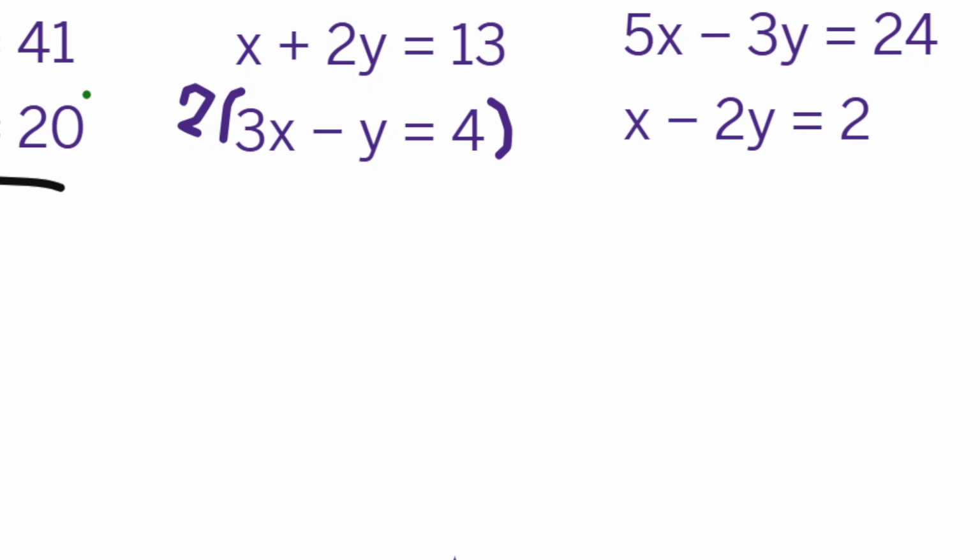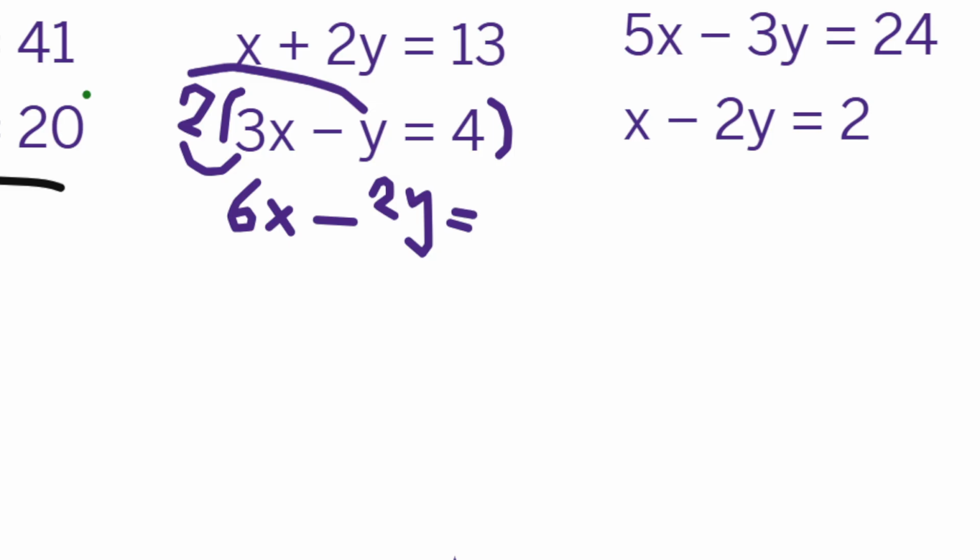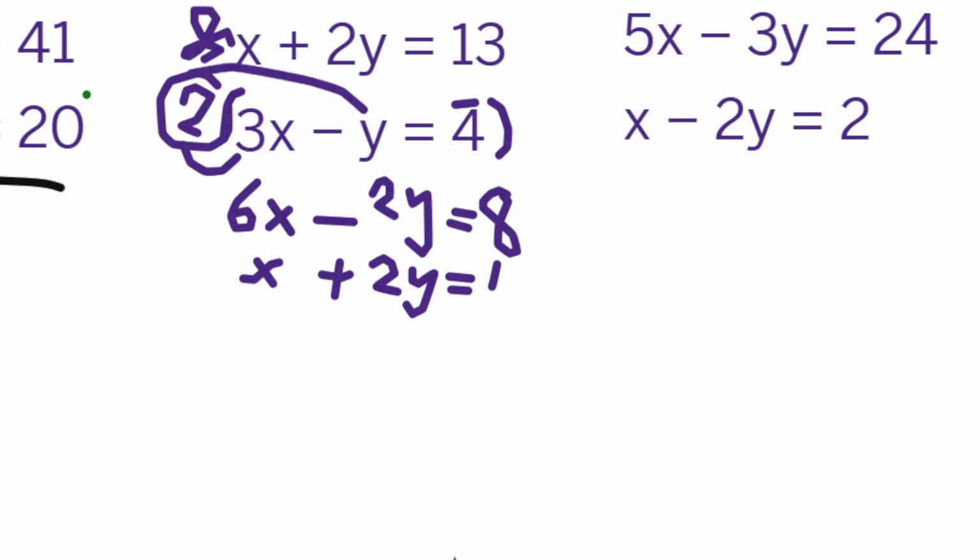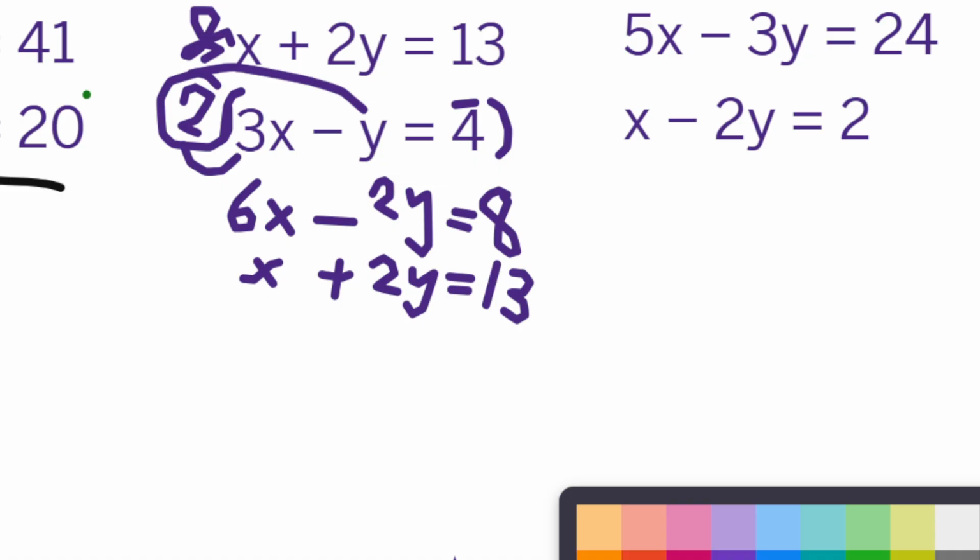That makes 2 times 3x is 6x, 2 times y is 2y, and don't forget to multiply 2 times 4 equals 8. Many students forget that. And this equation, I'll just bring it down. So x plus 2y equals 13. We didn't change anything on the second equation.